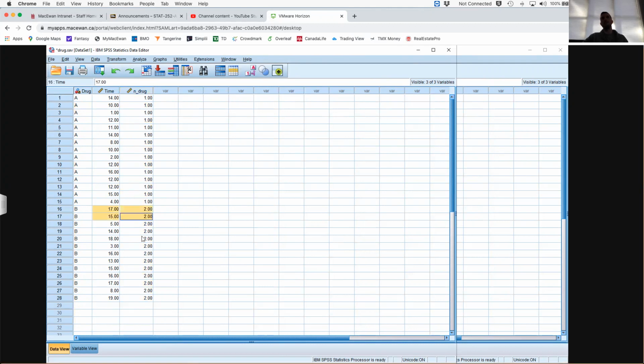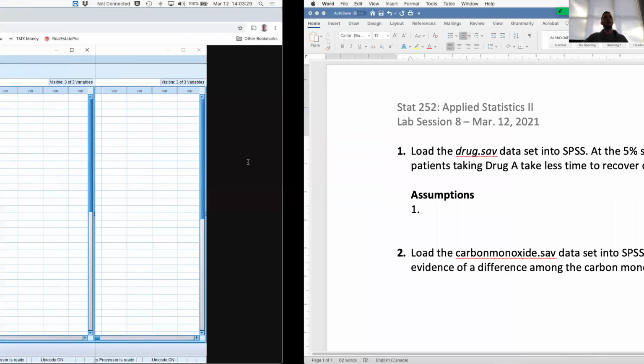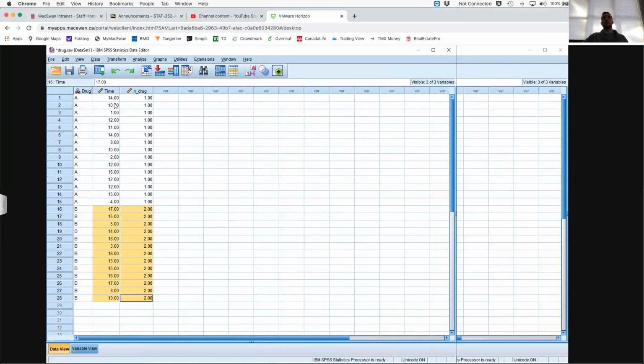So we have two groups of data here: group 1, which is drug A, and group 2, which is drug B. And we want to know if there's evidence that the distribution of drug A is smaller than the distribution of drug B.